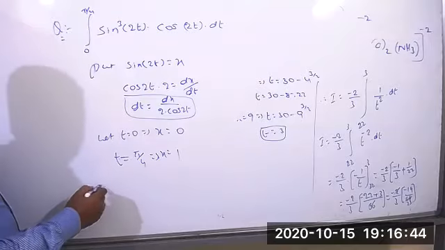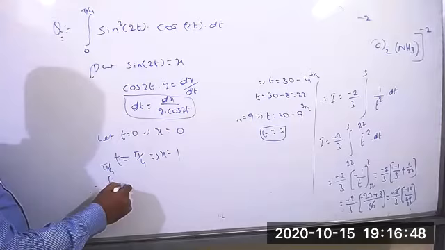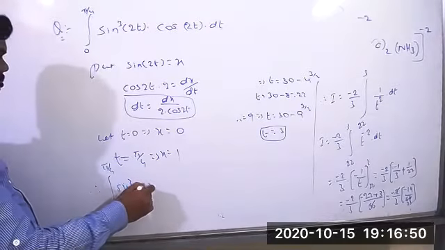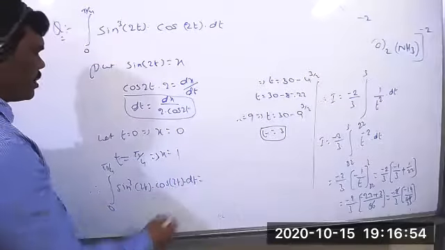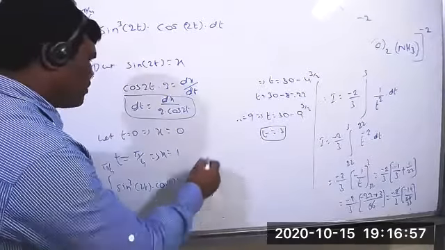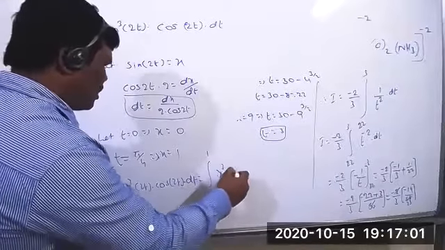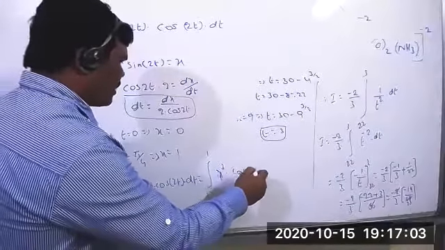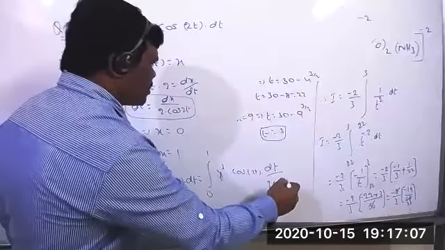So therefore integration of 0 to pi by 4 sine cube 2t into cos 2t into dt is equal to integration of 0 to 1, this is x cube into cos 2t into dt by 2 into cos 2t.